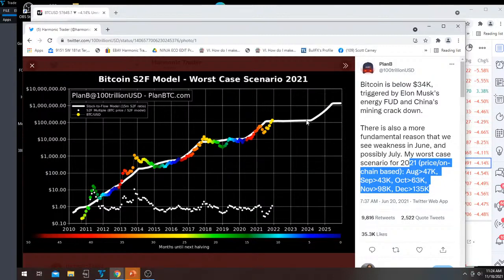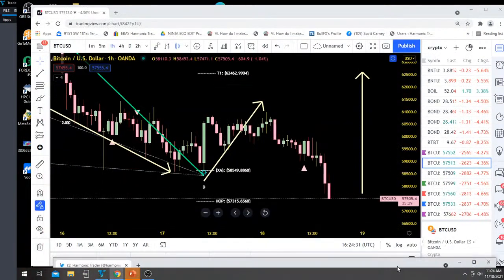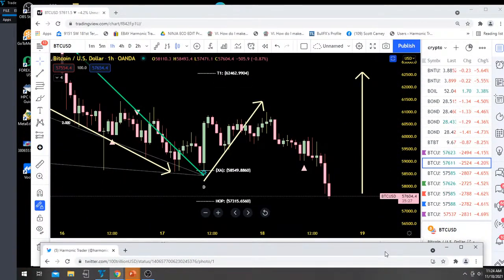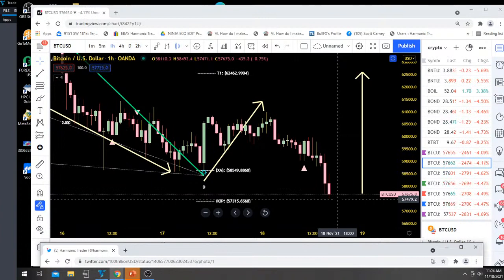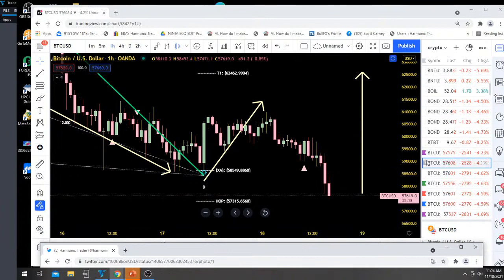Again, that's a model. It can lag and then play catch up, if you will. But I think this is so lagging that the longer we go lagging, the more difficulty we're going to have. Here we are, 57,631, hop at 57,315. Now that's Oanda.